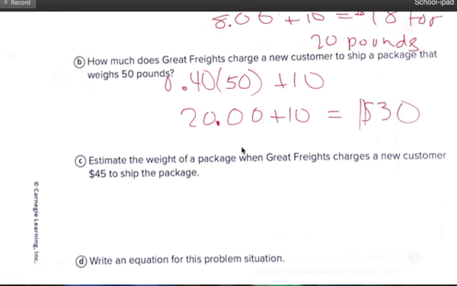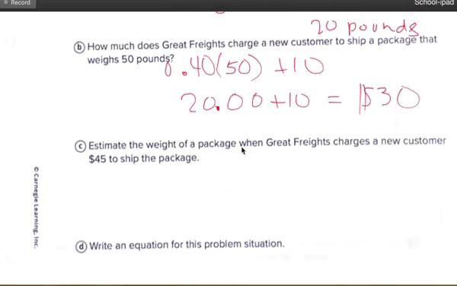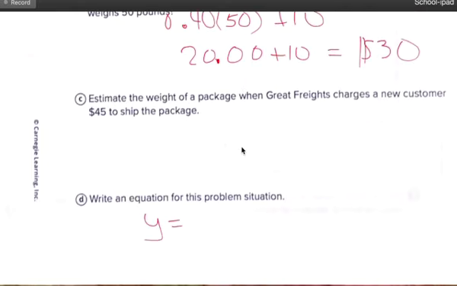Estimate the pounds for a new customer if it's $45 to ship. Okay, the equation. Write an equation for the problem: y equals 40 cents times the number of pounds, or y is cost. Well, it didn't say to define the variable, I'll just put C for cost.